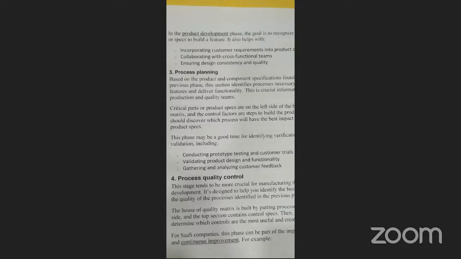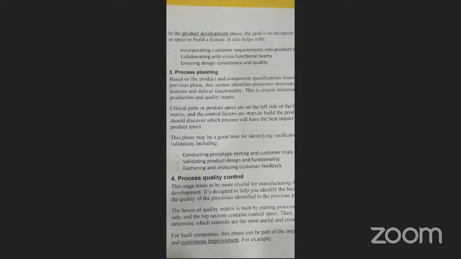So basically, this phase may be good time for identifying, verification, and validation, which including conducting prototype testing and customer trial, validation of product design and functionality, gathering and analyzing customers' feedback.